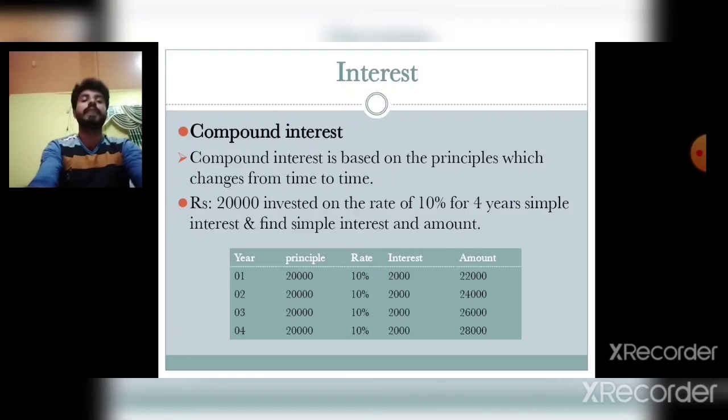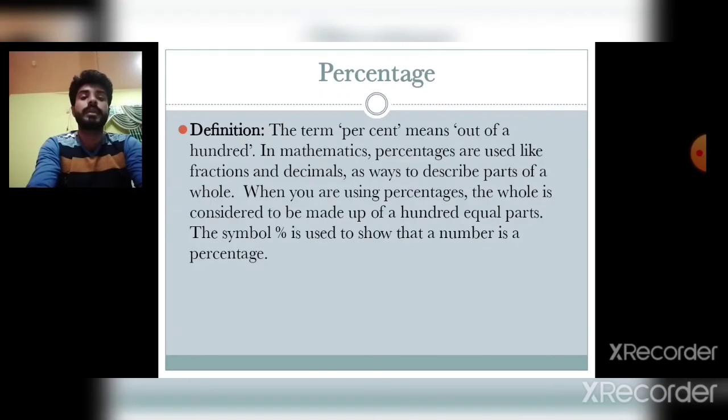So here I have completed my third presentation topic, and let's move to the fourth and last one, percentage. Definition of percentage. The term percentage means out of 100. In mathematics, percentages are used like fractions and decimals as ways to describe part of a whole.